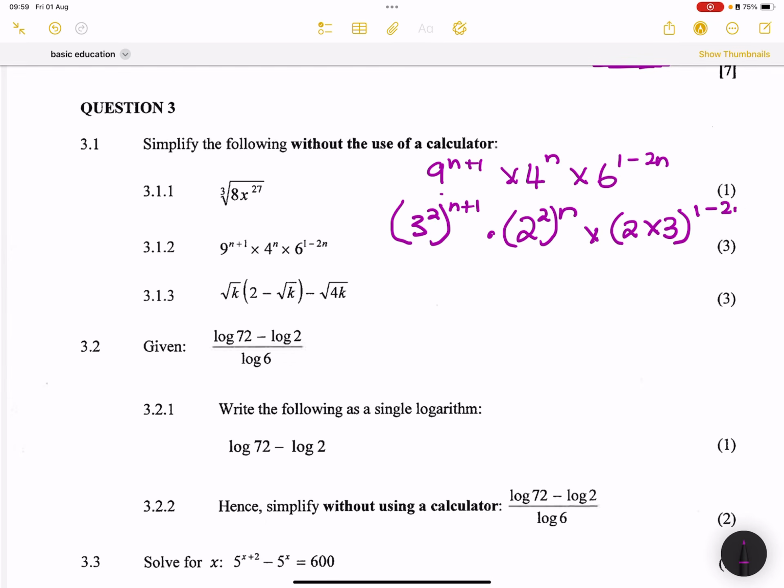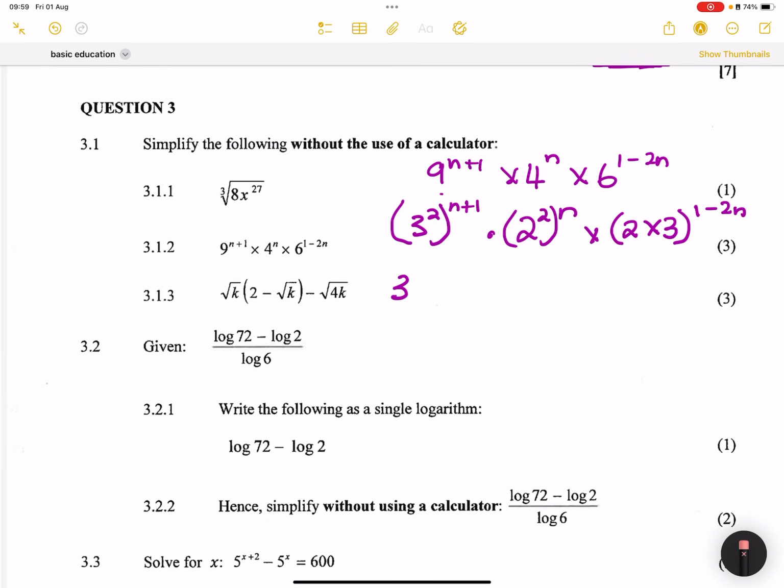So this would be 3 raised to the exponent. Remember, if I raise an exponent to an exponent, so if I've got a to the n raised to the exponent of b, this will be a to the n multiplied by b. So in this case, I'm going to use that law.